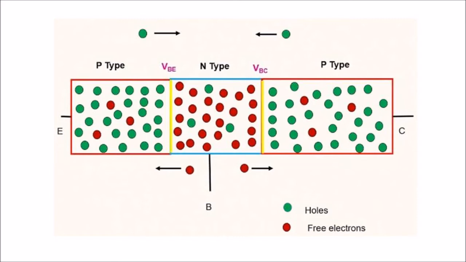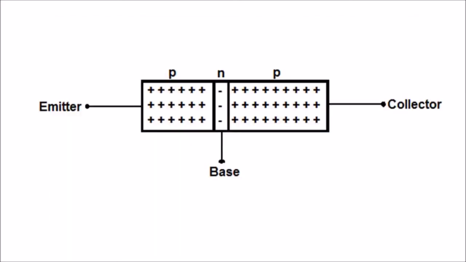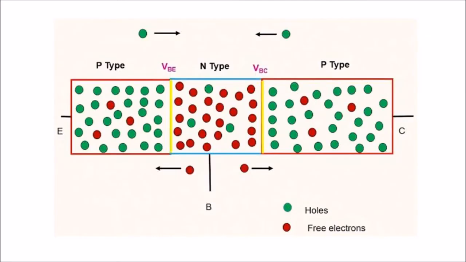Therefore, the holes in the left side P region, that is the emitter region, and the right side P region, that is the collector region, experience a repulsive force from each other. As a result, the holes at the emitter and the collector region will move into the N region, that is, the base region.